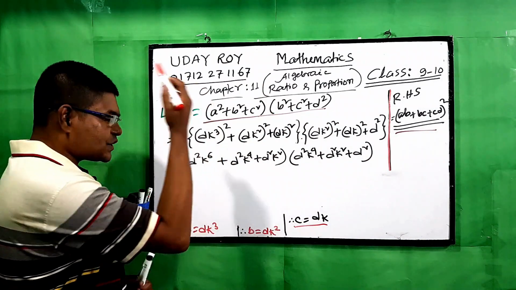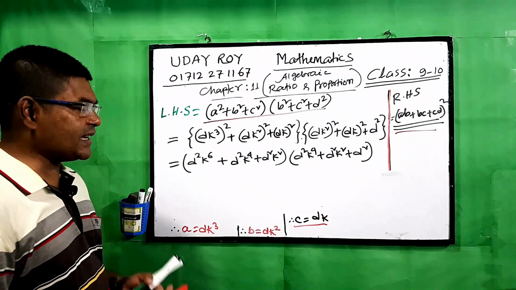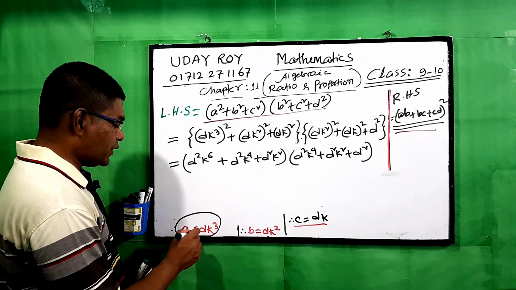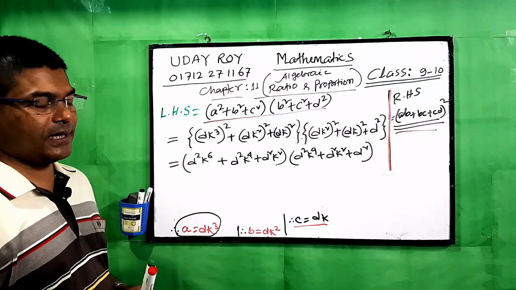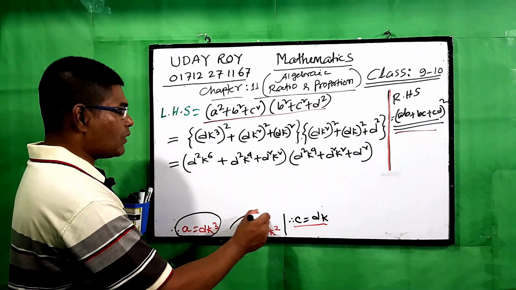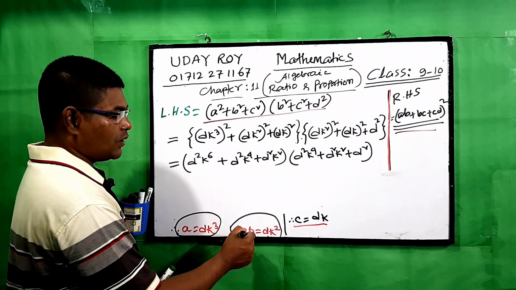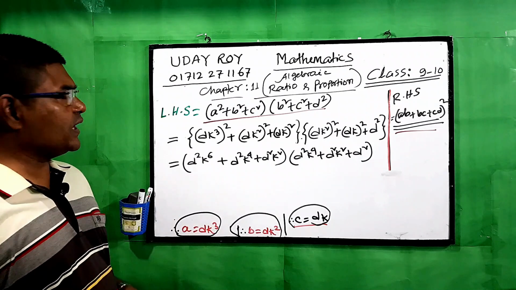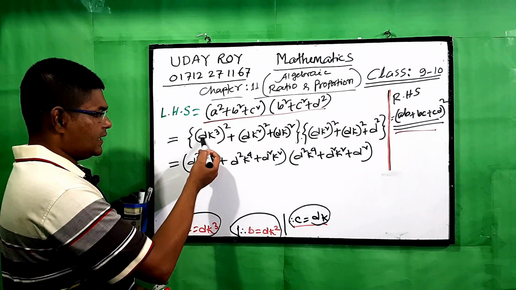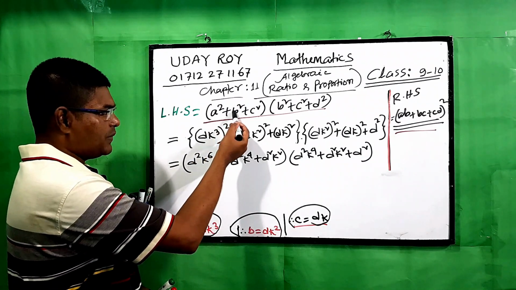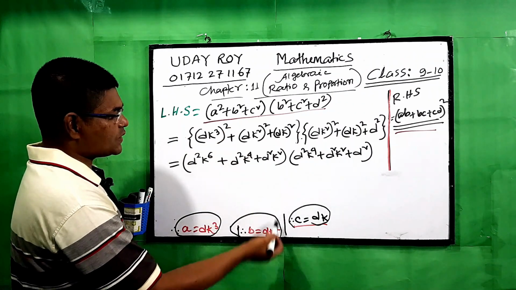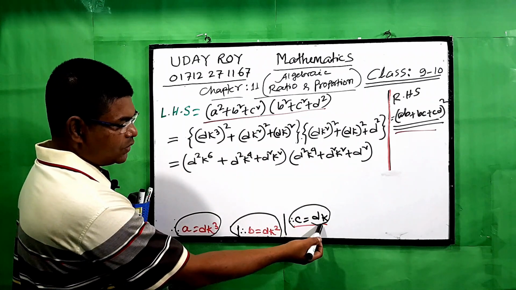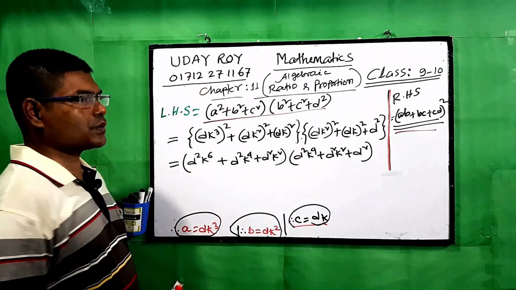Here is a square. So what is the value of a square? We have got a equal to dk cube, b equal to dk square, c equal to dk. Just putting the values: here is (dk cube) whole square, (dk square) whole square, c square, c equal to (dk) whole square.